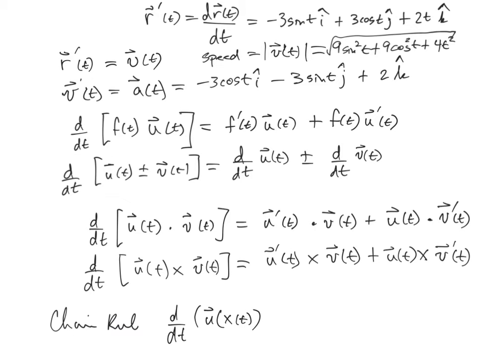Okay, so my vector function u is a function of x of t, where x of t is a scalar function of some parameter t. Then that is going to be the multiplication, the derivative of my vector function with respect to x, times the derivative of x with respect to t. That was the chain rule. You remember the chain rule from last year, right?